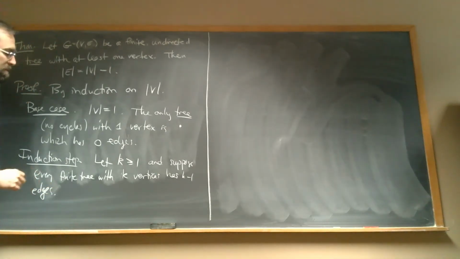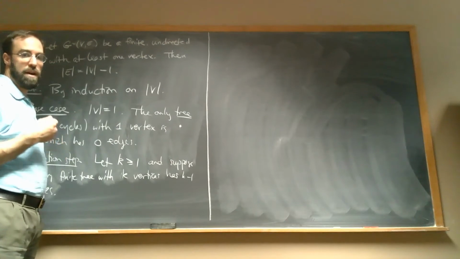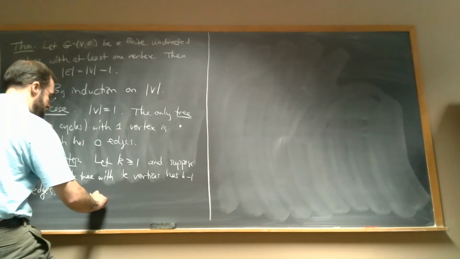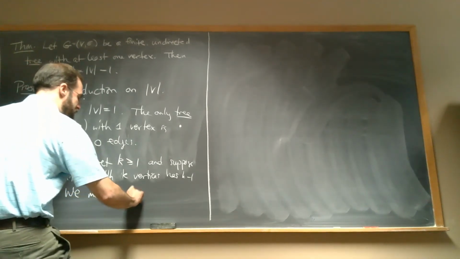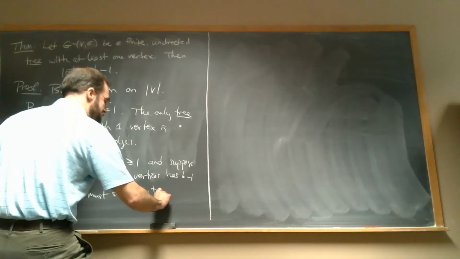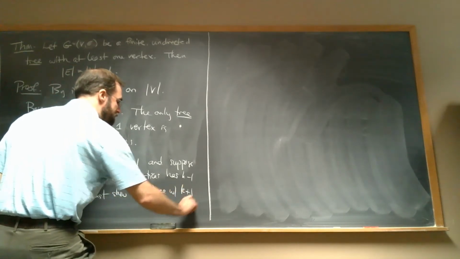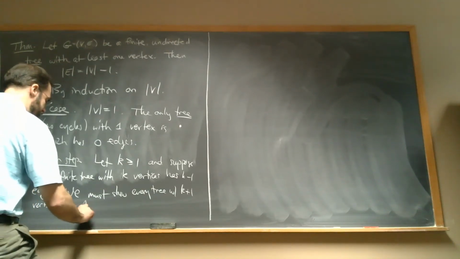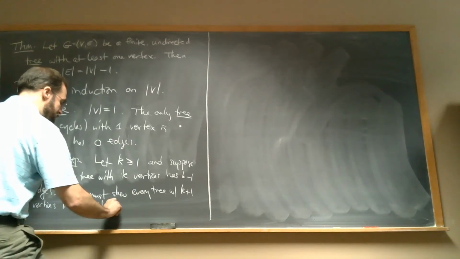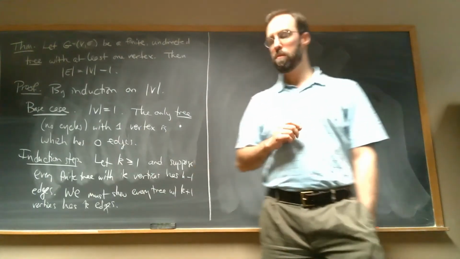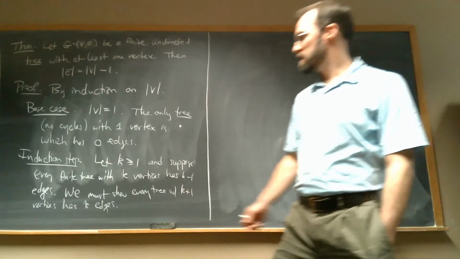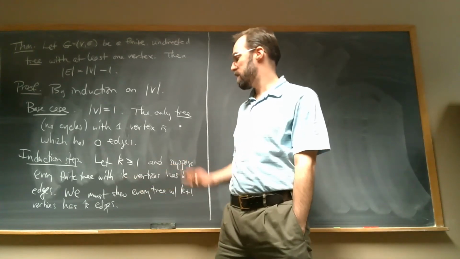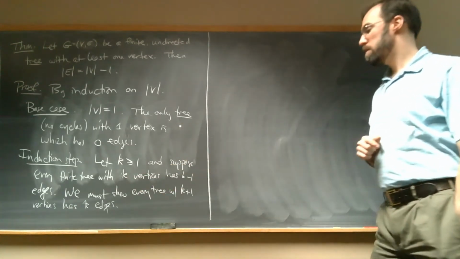And then what we have to show is that any tree that has k plus 1 vertices has k edges. So we must show every tree with k plus 1 vertices has k edges. I suppose I didn't really need to put the word finite here, since it has k vertices, and k is a finite number.